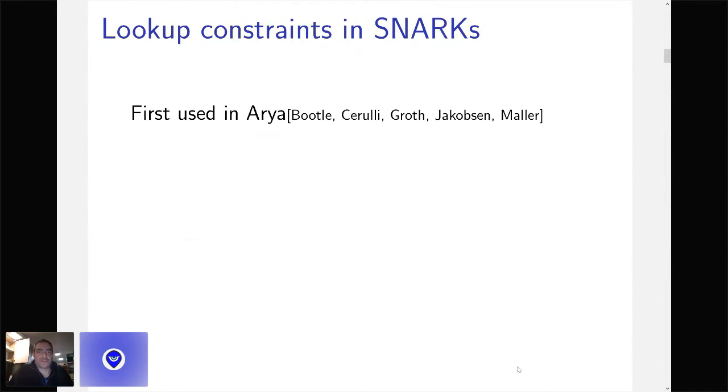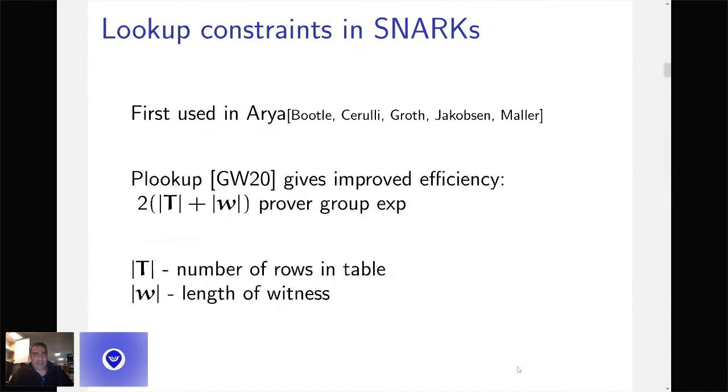So a brief history of lookups in SNARKs. The first time, at least, I saw this idea was in this paper, ARYA, of several authors, all from UCL. What we did at Aztec earlier this year is a protocol for enabling these lookup constraints with improved efficiency compared to ARYA.